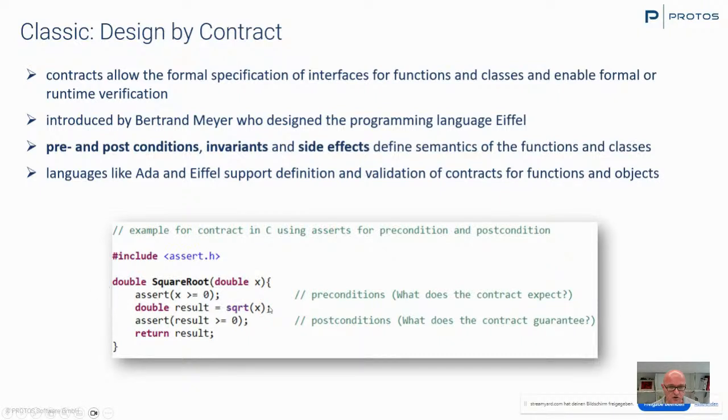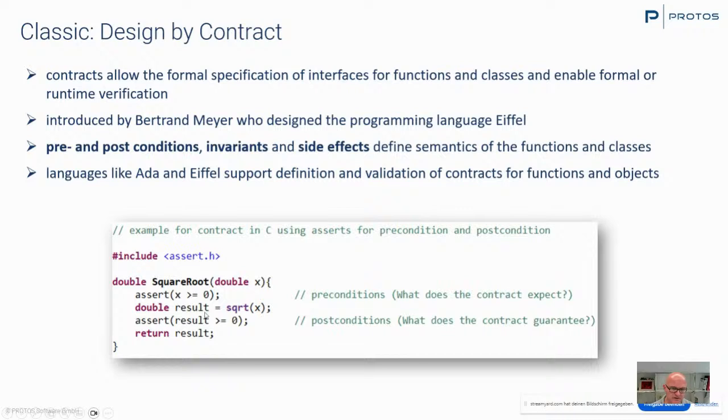Then we can call what the function is really supposed to do. That's the net content, the actual work the function does. And in the end, we make another assert to check the postcondition. The postcondition is that the result must be bigger or equal 0. If not, the function did not work. So that's the basic idea of pre and post conditions.